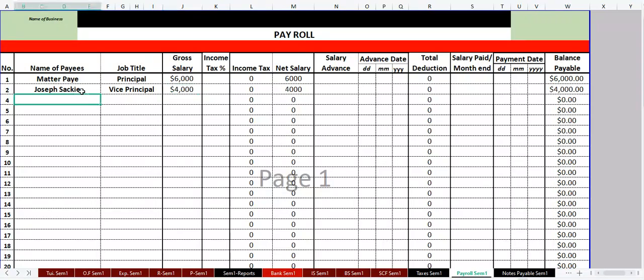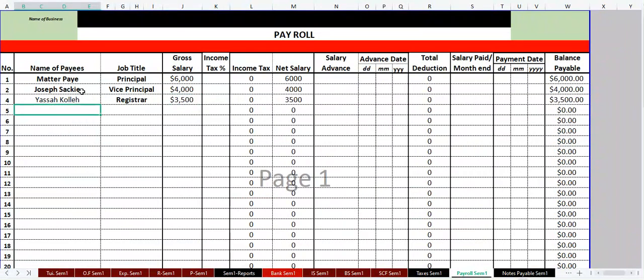Alright, and then Yasa Kole. Yasa Kole is the registrar. The registrar is paid 3,500. All right.